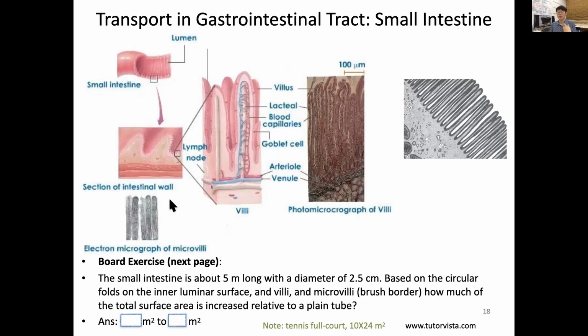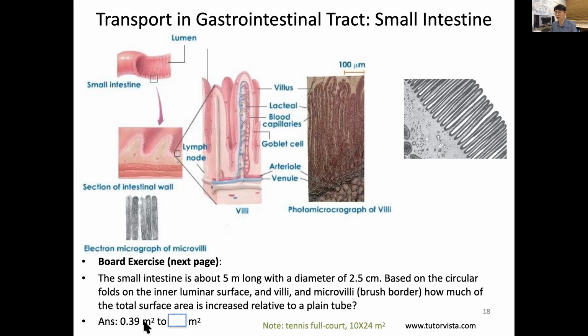So on the next page, I'm going to work with you on how much the surface area can be enhanced. We know that the small intestine is about 5 to 6 meters long, and the diameter is from 2.5 to 3 centimeters. Based on the circular folds on the inner luminal surface and the villi and microvilli, how much is the total surface area increased relative to just assuming a plain tube?